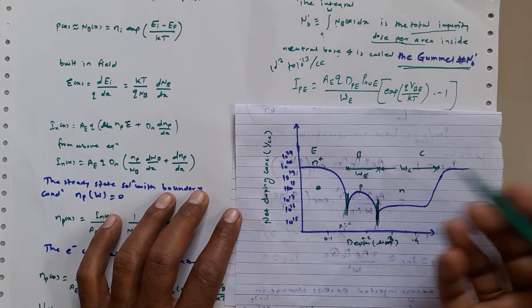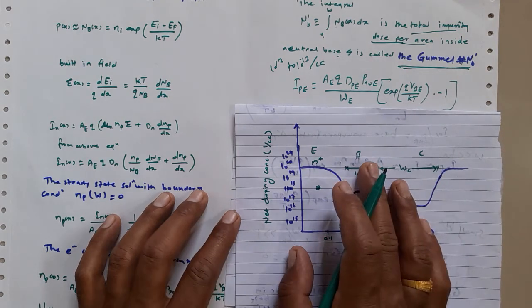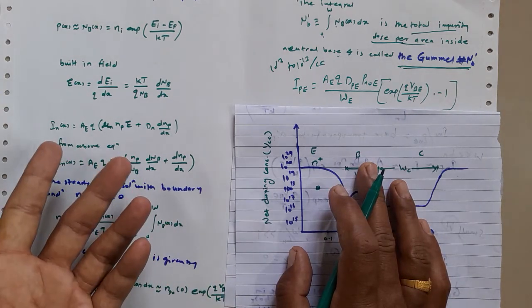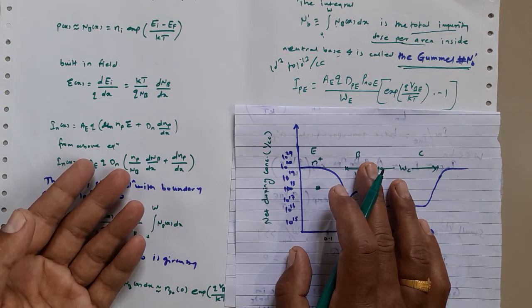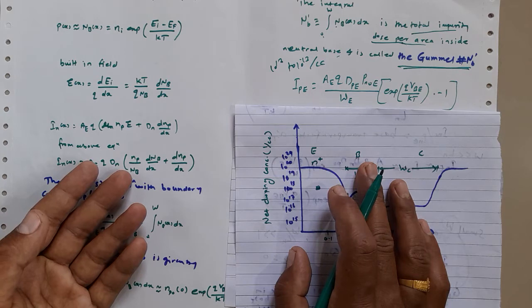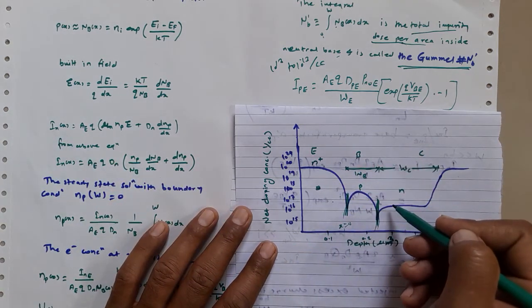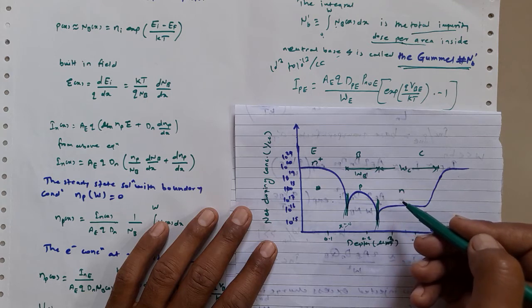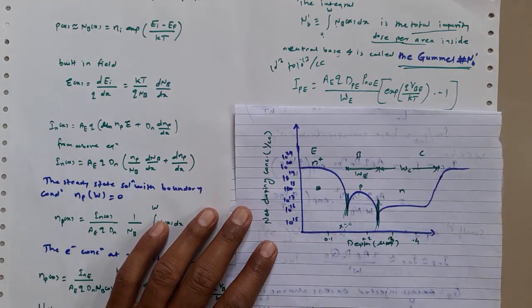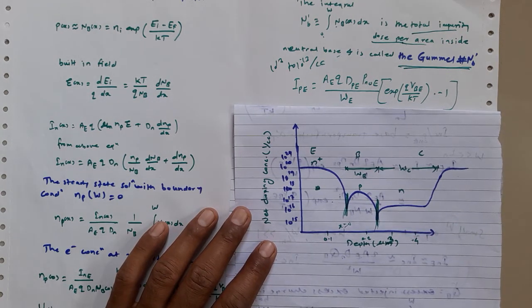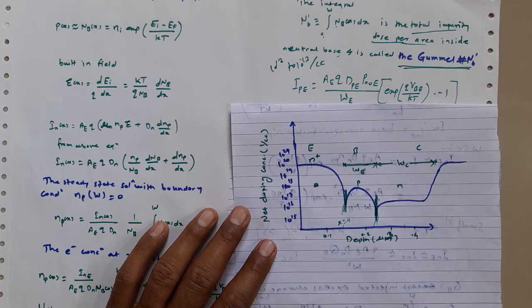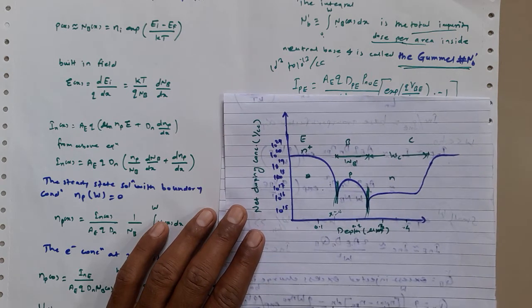Its main function is to create the built-in electric field, so that there is more drift of electrons within the base region, so that the collector current can be increased. This obviously improves the base transport factor, alpha T.